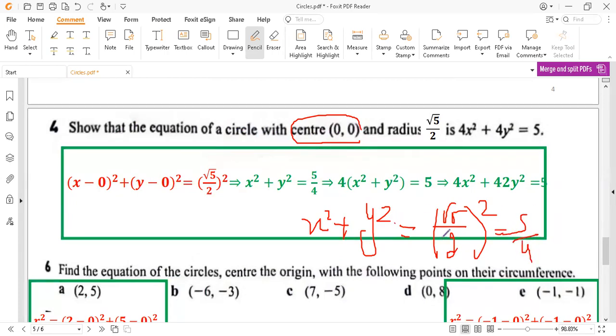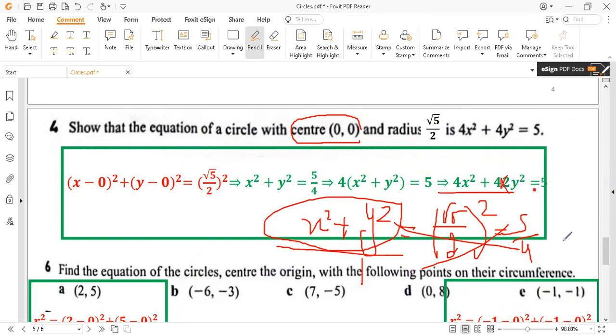Then we use cross multiplication between them. We have a 1 under x squared plus y squared, because we consider that as one term. So 5 by 1 is 5, and x squared plus y squared should be multiplied by 4. So each term should be multiplied by 4: 4x squared plus 4y squared equals 5.